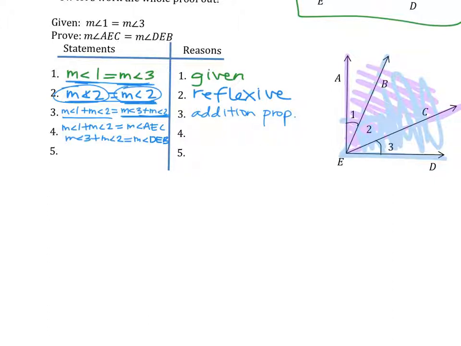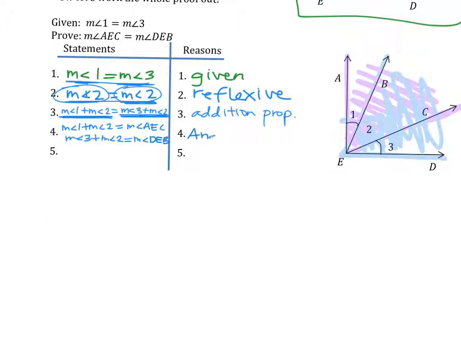What did I just do there? I told you in step 3 that these two things were equal, but in place of the 1, I put something of equal value in. That's substitution. Next one, this is actually angle addition postulate. Remember we said if this plus this equals the whole thing? That's your angle addition postulate.